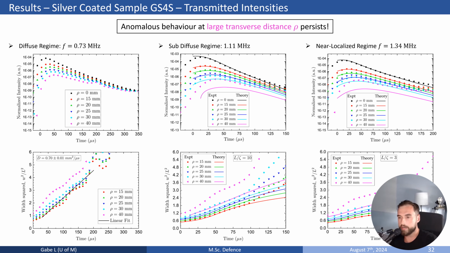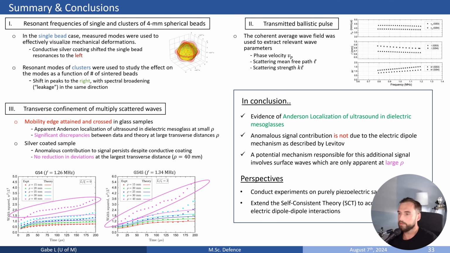So in essence, since that is the case, we need to draw a different conclusion, or get back to the drawing board. To summarize, we measured the resonant frequencies of one bead as well as multiples of beads in mini samples, and we saw the effect that silver coating has on one bead, which is a shift to the left.